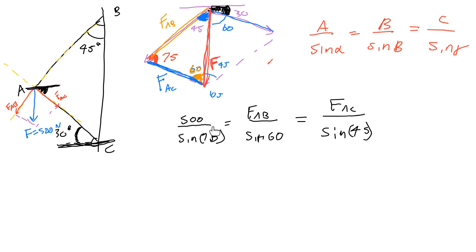So we just multiply by sine 60 and solve for FAB. I'll write that out. FAB is going to be sine 60 over sine 75 times 500.